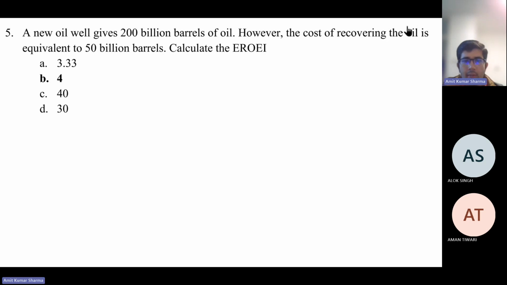Aman Tiwari, I think this is your first class, or your second or third class? Second, third class. Okay. If you want to introduce yourself, so we can know you. Sir, I am Aman Tiwari. I am a student at Madan Mohan Malviya University of Technology, Gorakhpur, in the Mechanical Engineering Department.